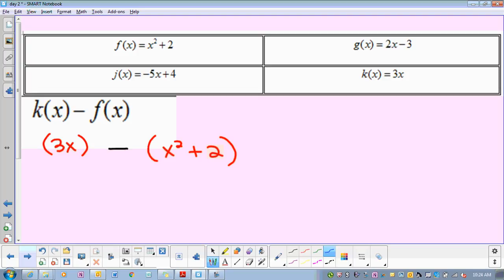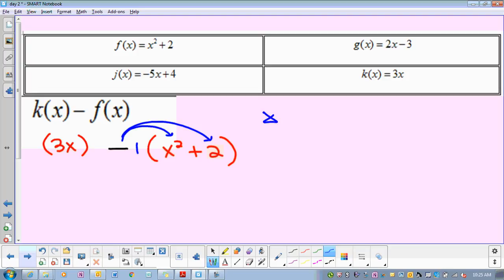If you guys have parentheses, okay, with more than one term, even if it's one term, if you have parentheses here and you have a subtraction sign in front of it, you have to remember that's like having a negative 1 in front. What are you going to do with that? You must distribute it, okay? If there's a negative sign or a subtraction sign in front of your parentheses, you need to distribute your negative.